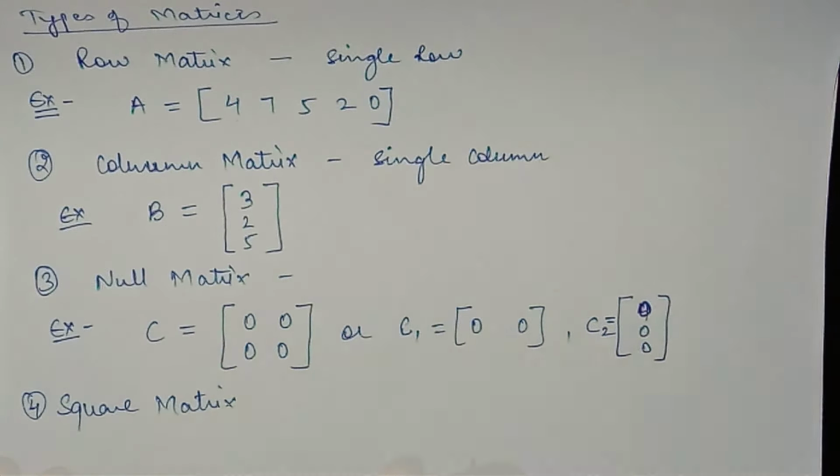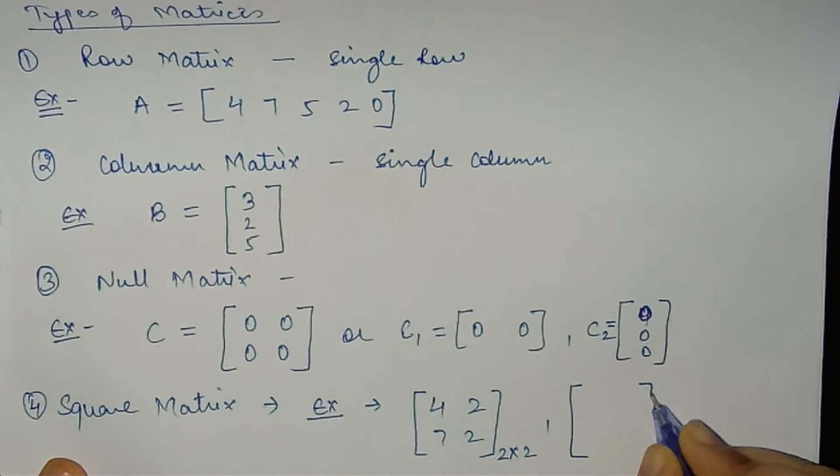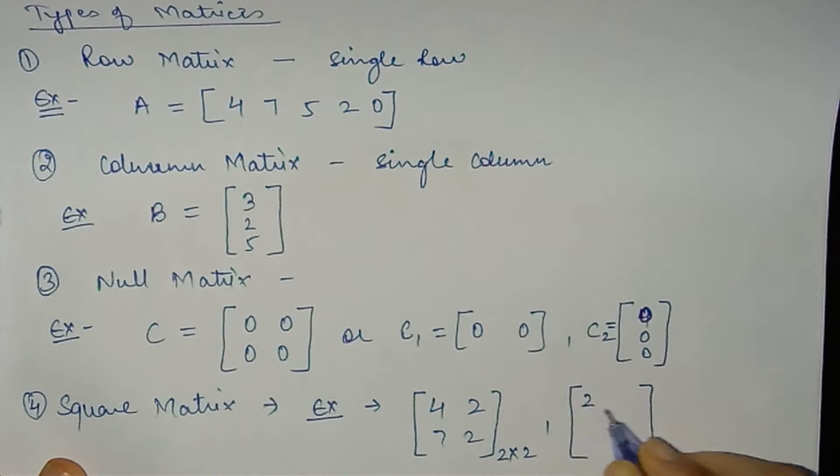An example of this square matrix is one where the order is 2 by 2. We can have another matrix where the order is 3 by 3.